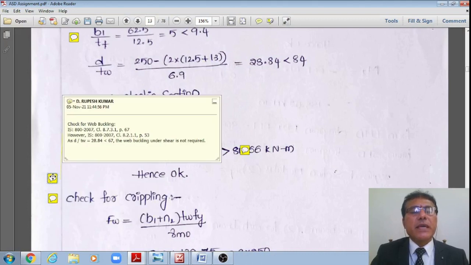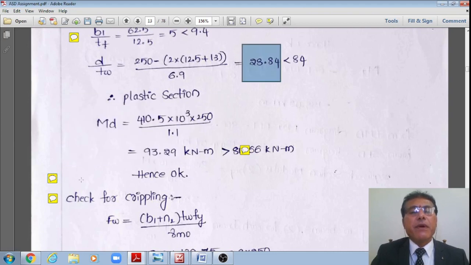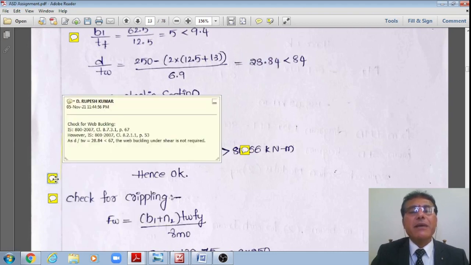And the next check is the check for web buckling. However, here, as per IS 800-2007, clause 8.2.1.1, page number 53, because the d by tw, which is 28.84, is less than 67, the web buckling check need not be done as per this clause 8.2.1.1.